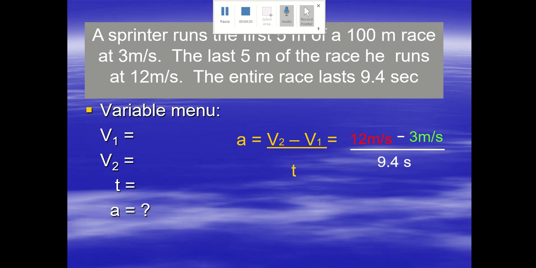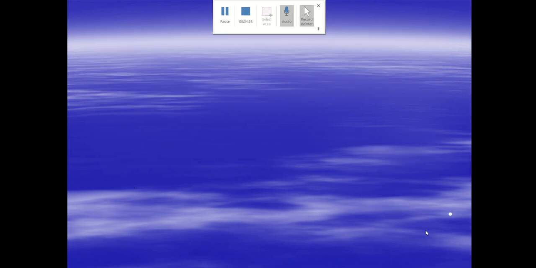You need to subtract first. You need to do the whole top. So 12 minus 3 is 9, and then 9 divided by 9.4 gets me 0.96. And the units for acceleration are a distance over a time squared. So it's meters per second and then per another second. So we put squared in the bottom. All right.